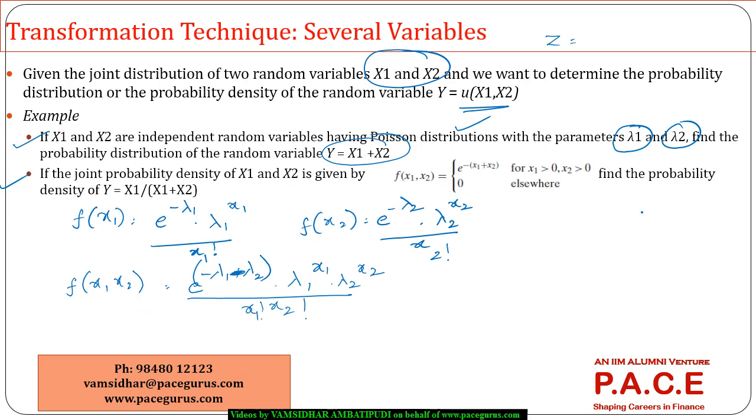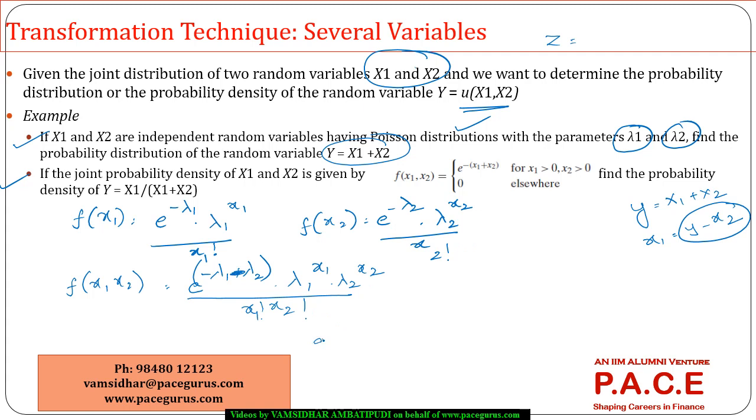Now I want to find the distribution of y equal to x1 plus x2, which means x1 is nothing but y minus x2. So wherever I am getting x1, I will substitute y minus x2.